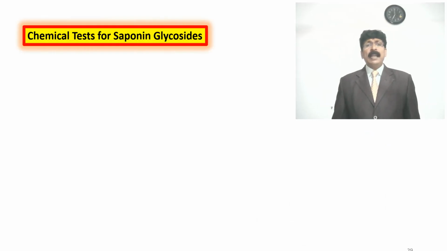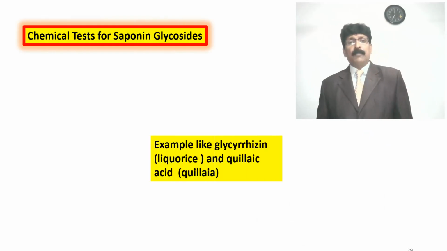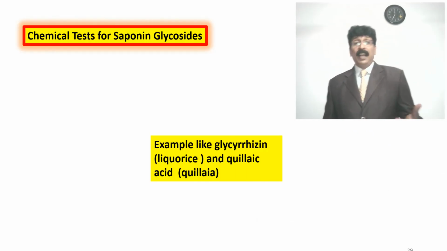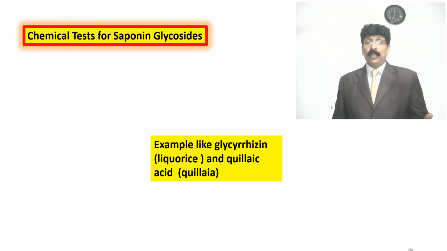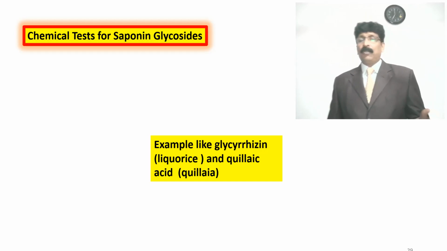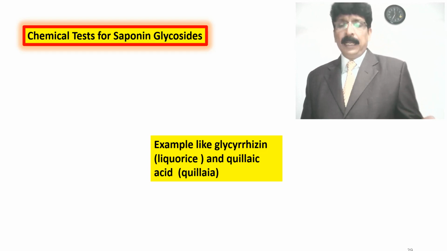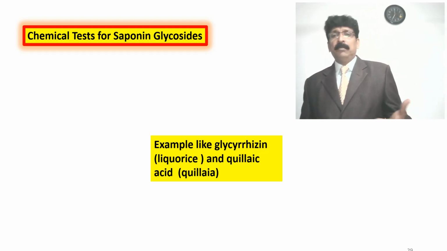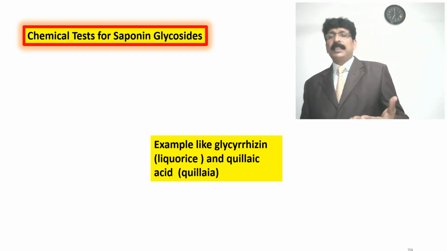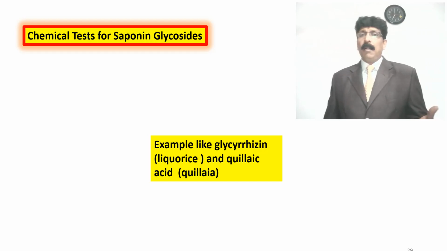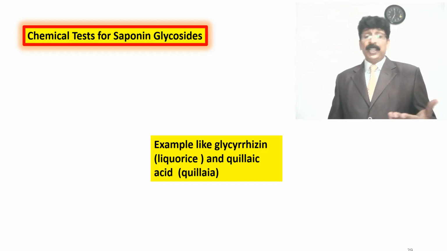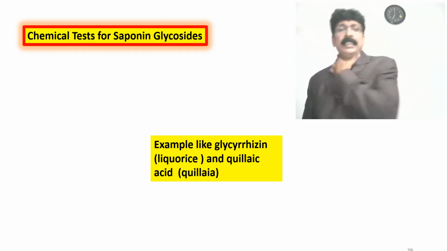Chemical test for saponin glycosides now. Examples of saponin glycosides: glycyrrhizin, which is present in licorice (athimathuram), which we know has very interesting pharmacological use, and is used more in Ayurveda, Siddha and Unani, our traditional or alternative medicine practices.